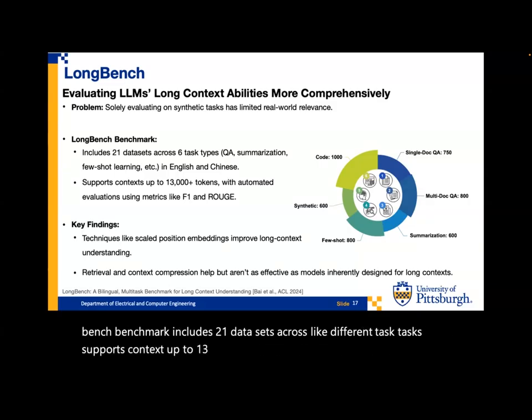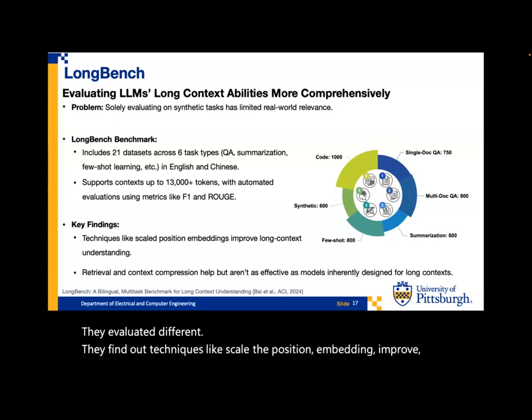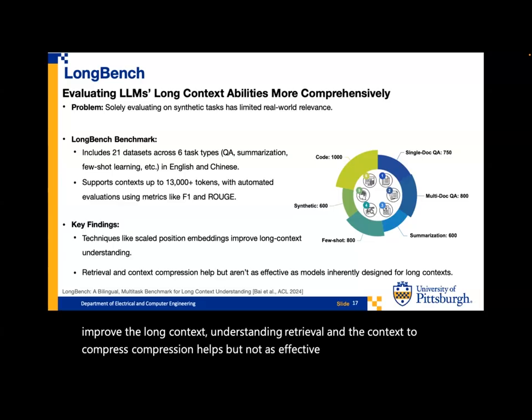They evaluated different large models. They found that techniques like scaled position embedding improve long context understanding. Retrieval and context compression help, but not as effective as models inherently designed for long context.